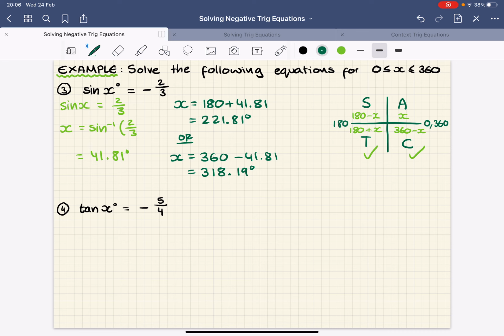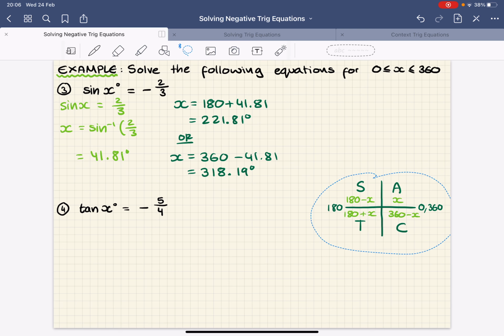Okay, last one then. Again, I'm just going to reuse my cast diagram from before, so I'm just going to rub off those ticks and I'll move it down a little bit. So here I've got tan x equals minus 5/4. So tan is typically positive at the A and the T, so I tick the other two since it's negative.